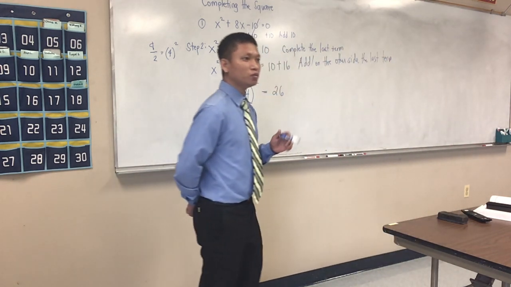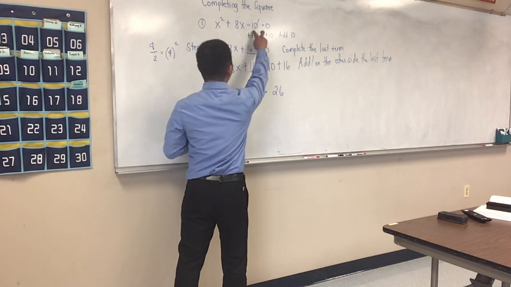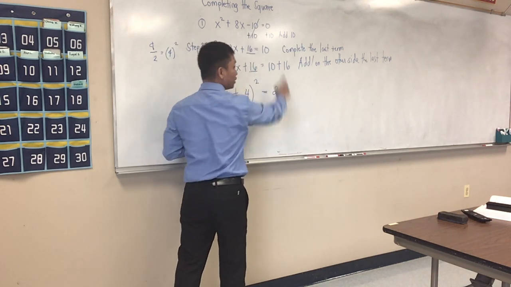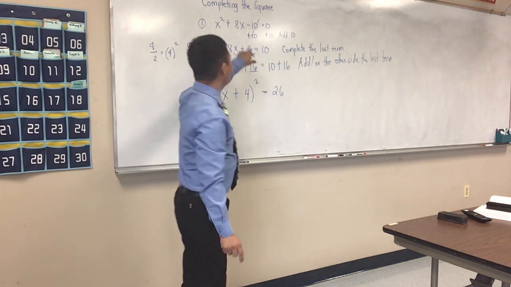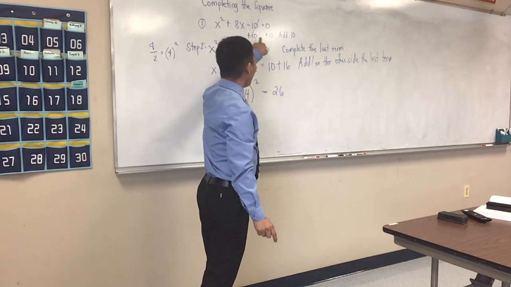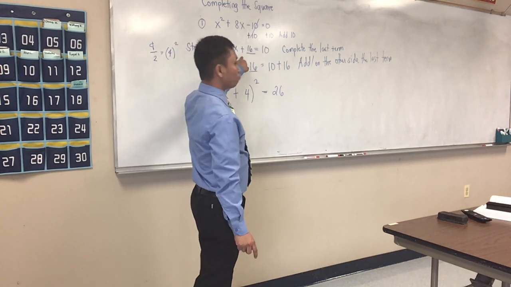Christian, did you follow? I repeat. First step, if we have x squared plus 8x minus 10, we're going to eliminate this one and transfer it to the other side, so we just add 10. Second, complete the square.